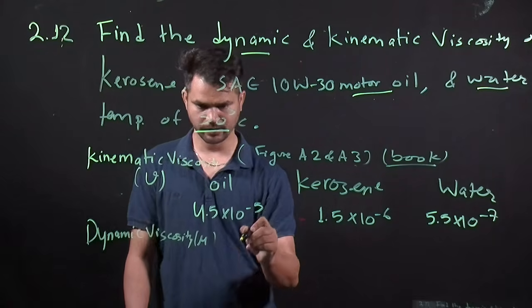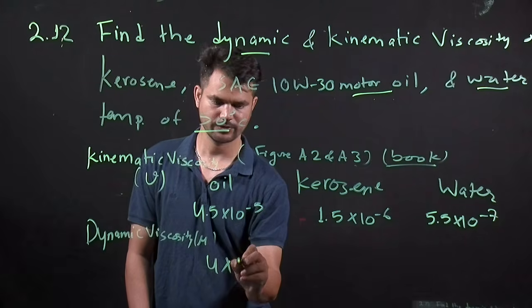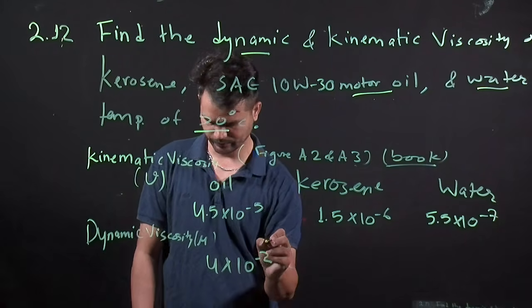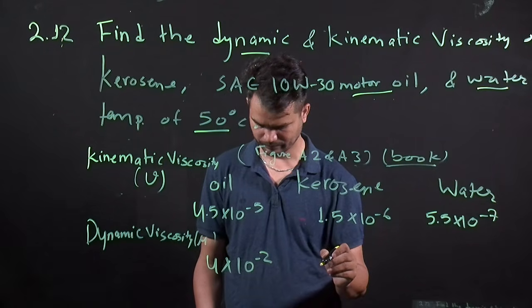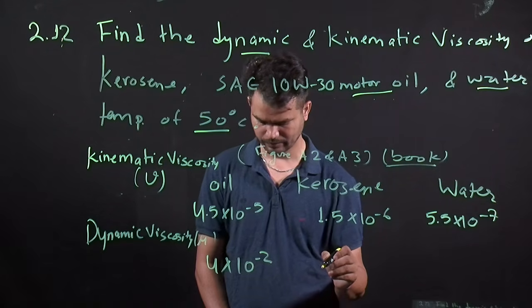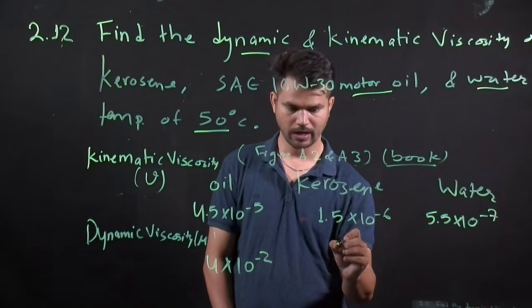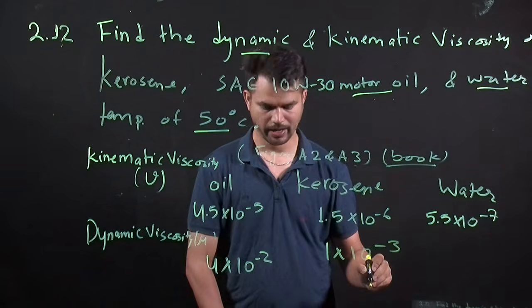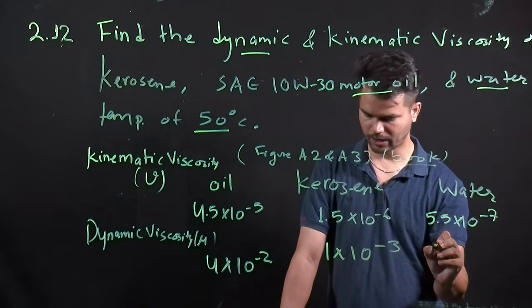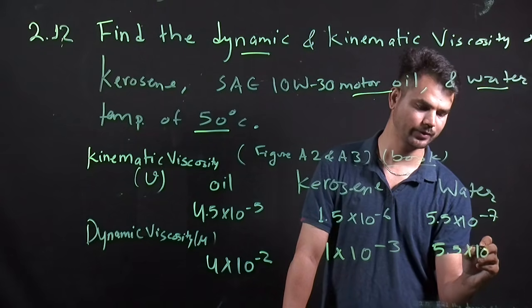For oil our value is 4 times 10 to the power minus 2, for kerosene our value is 1 times 10 to the power minus 3, and for water our value is 5.5 times 10 to the power minus 4.